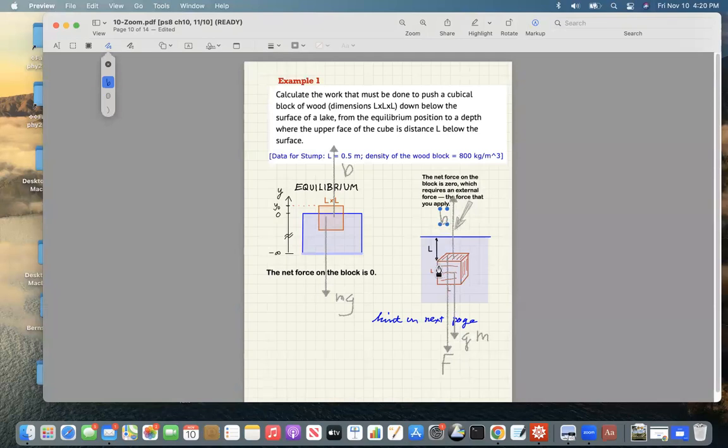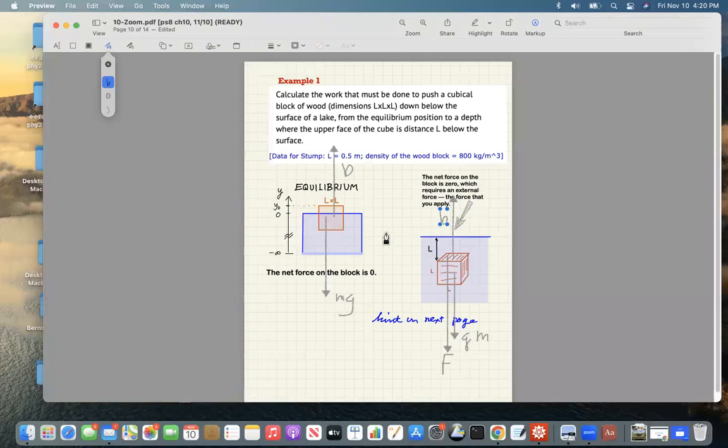And again, if it's in equilibrium, if you're holding it there at that point and it's not moving anymore, then the net force has to be zero. So the combination of these three forces would be zero. So here are the pictures. In any physics problem, we start by drawing a picture, or in this case, two pictures.